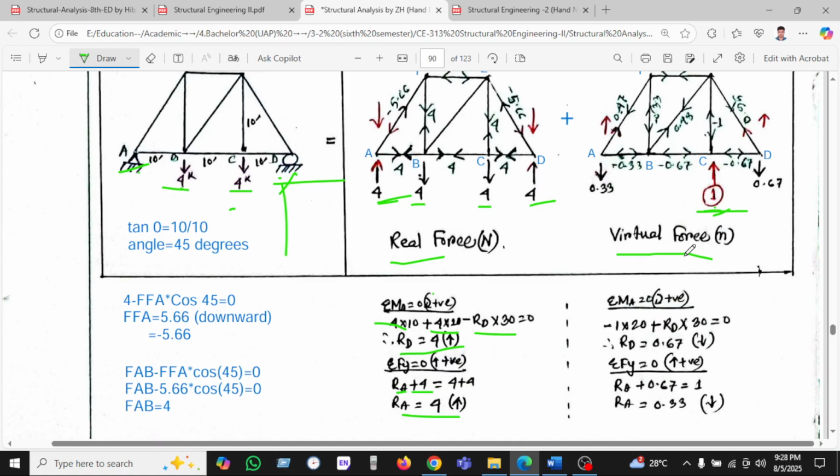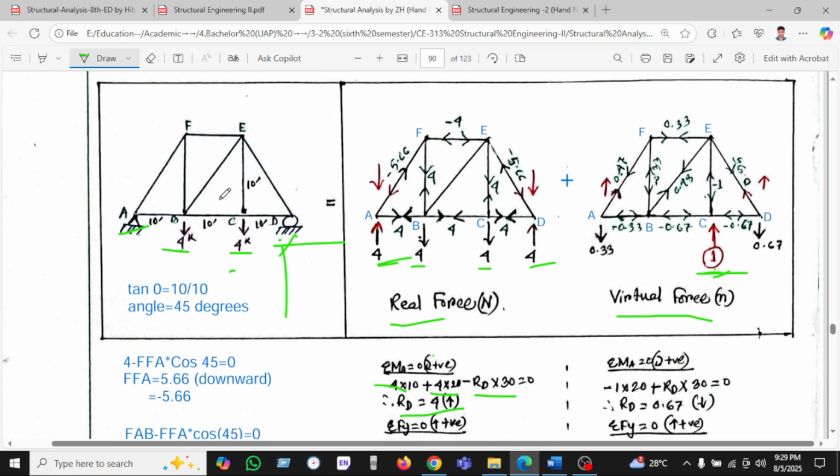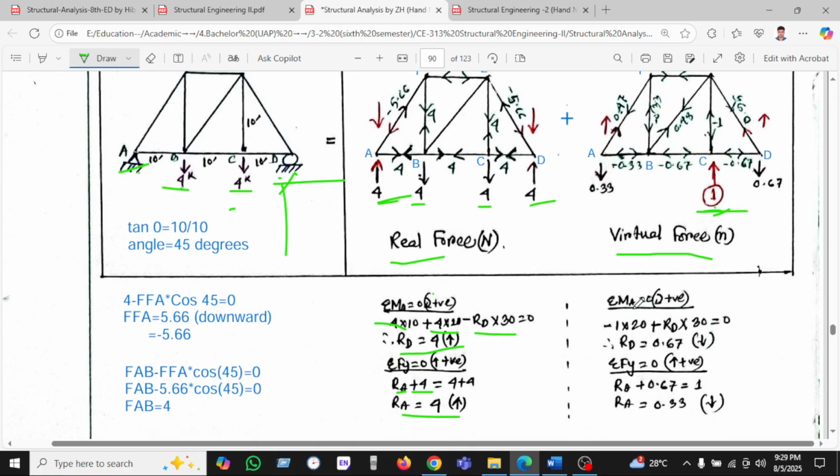So you have to keep in mind that this is our given structure. It will be equal to the real force plus virtual force. Virtual force means one unit load. If we apply the 1 unit load, what will happen in this structure? So we take moment here: 1 into 20, which is given here as the length, equal to RD into 30.